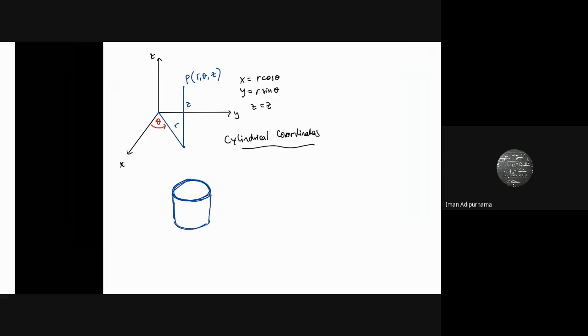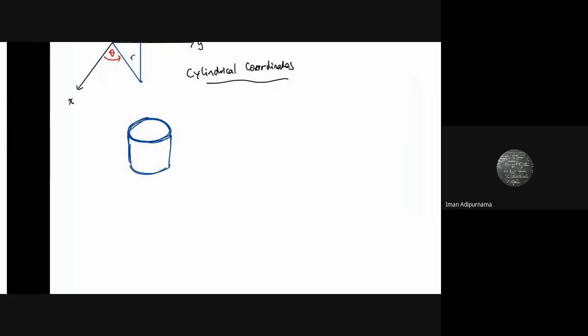So for example, this is the circle, but you have also the cylinder like that. So we may also try to convert from x, y, z to r, theta, and z.